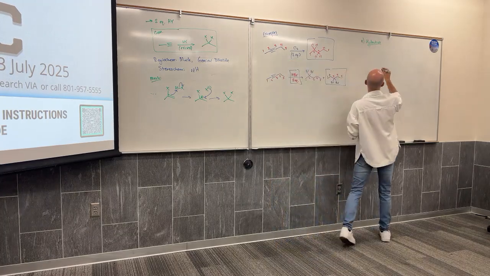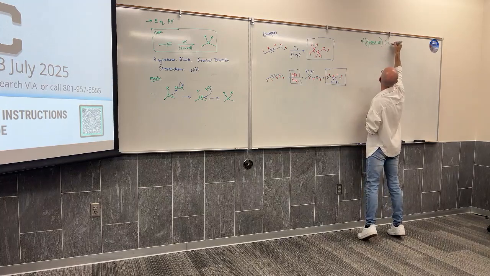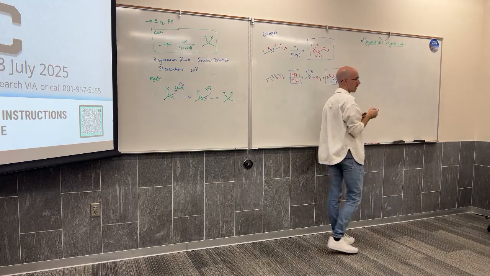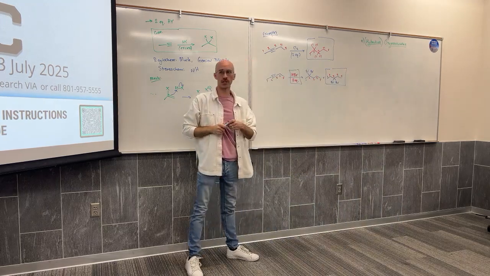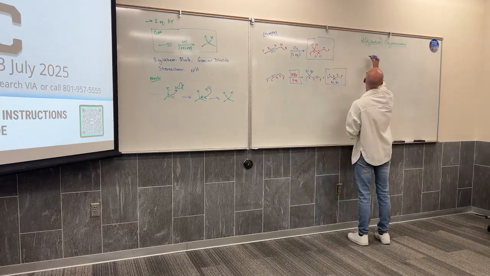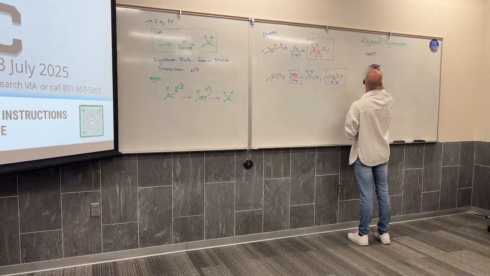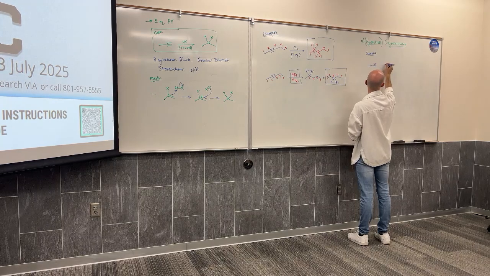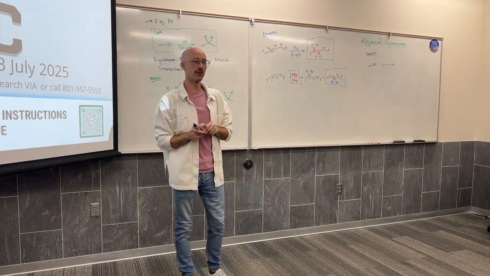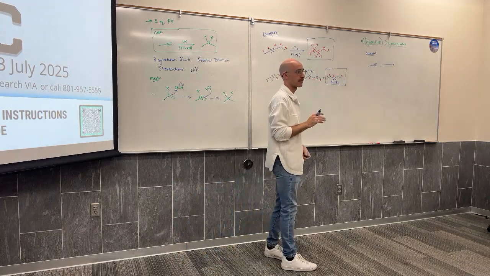There's actually 2 hydration reactions, so maybe it would be worth putting this in parentheses and referring to the actual reaction as oxymercuration, a hydration reaction. There is regiochemistry here, so I'm going to use this terminal alkyne to indicate this.